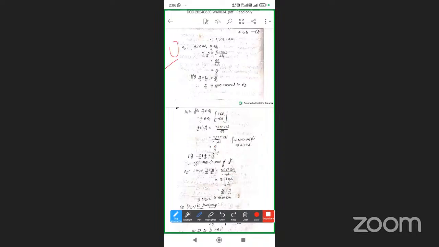Similarly, 0 by S plus R1 by S1 is equal to R1 by S1.